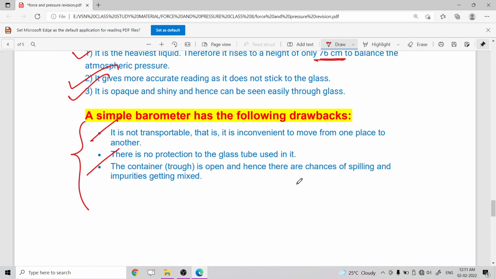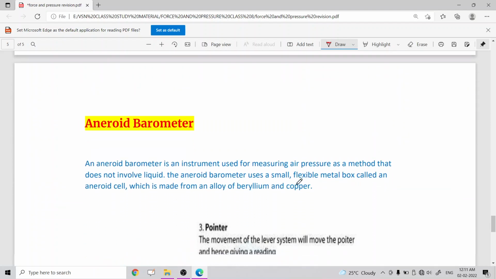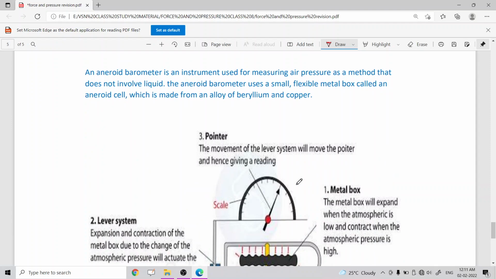To remove the drawbacks we can use the aneroid barometer. It is an instrument for measuring air pressure without any liquid. The aneroid barometer uses a small flexible box called the aneroid cell, which is made of an alloy of beryllium and copper.